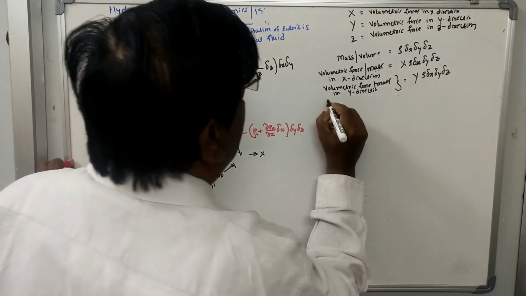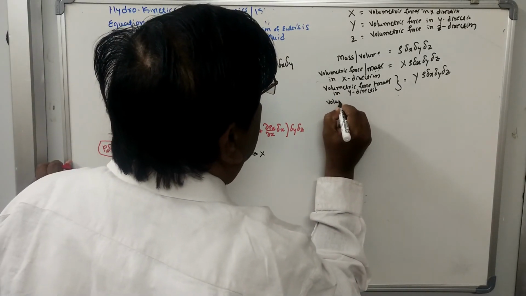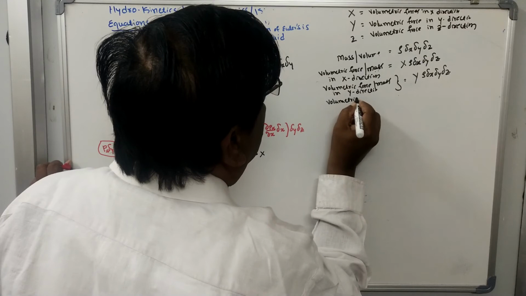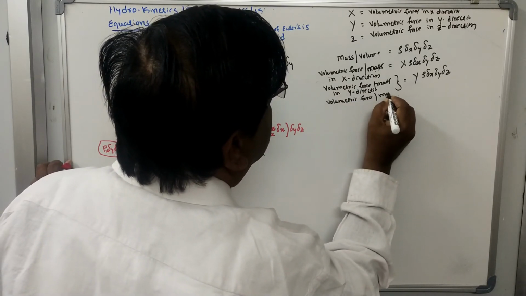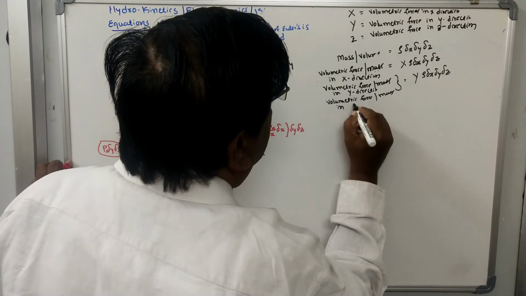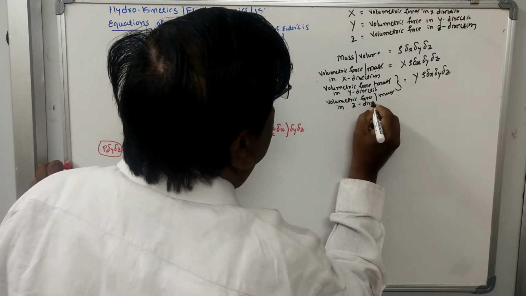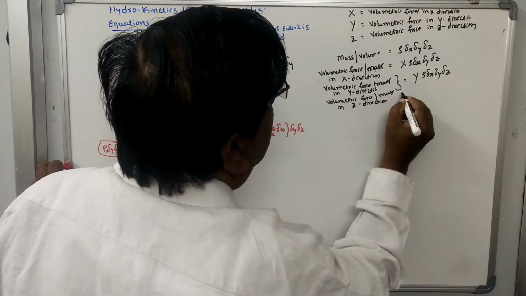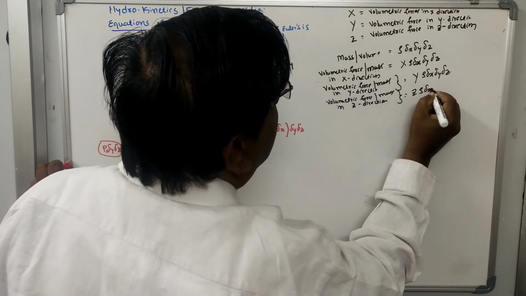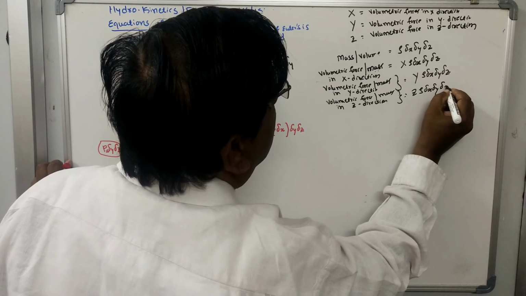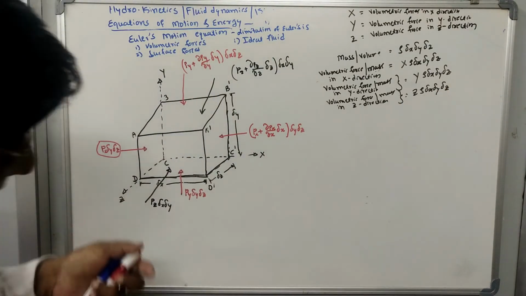Then the volumetric force in the z direction is equal to Z rho delta x delta y delta z.